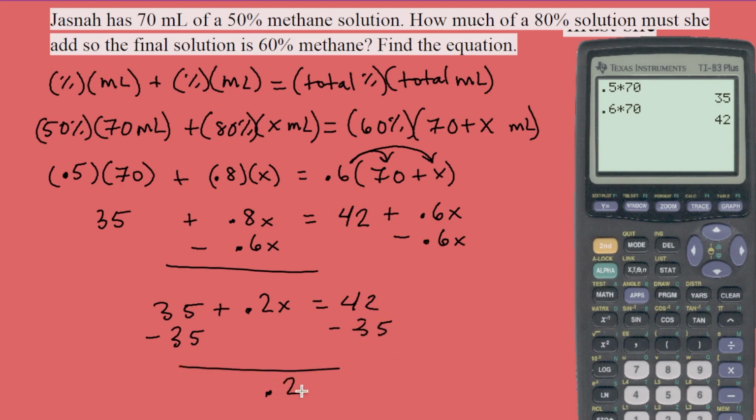We get 0.2x equals 7. Divide both sides by 0.2. And we get x equals 7 divided by 0.2. That is 35. And remember, x represented the amount of milliliters, so 35 milliliters.